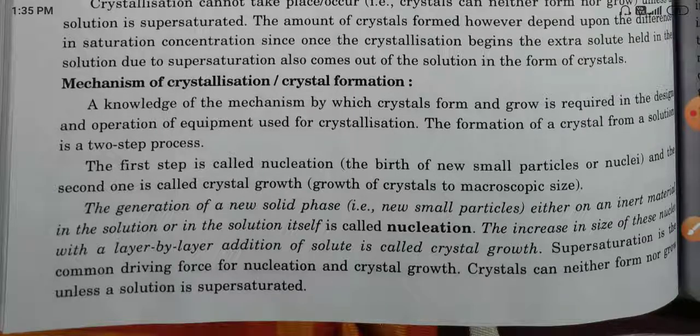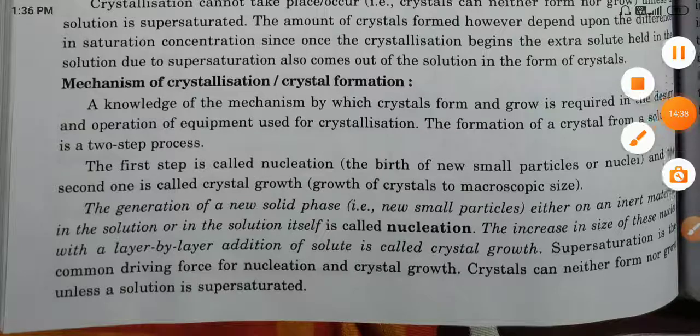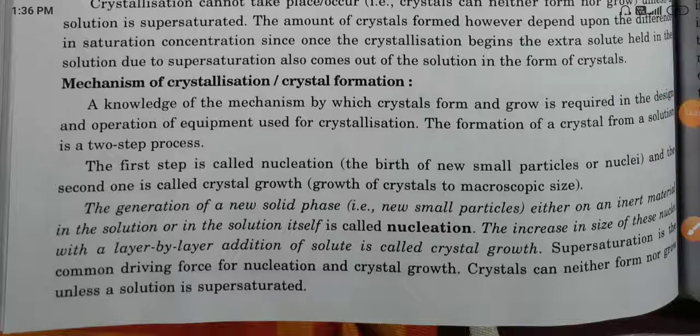The generation of a new solid phase, for example new small particles, either on an inert material in the solution or in the solution itself, is called nucleation. So in this mechanism of crystallization there are two steps: the first one is nucleation and the second one is crystal growth. ઓકે, તો generation part માં જોયું આપણે કે simply the generation of a new solid phase either on an inert material in the solution or in the solution itself is nucleation.